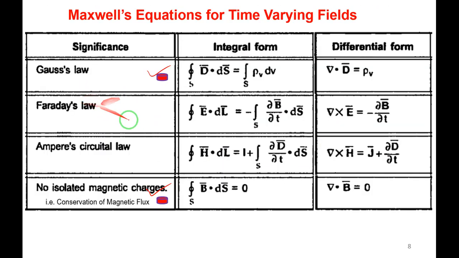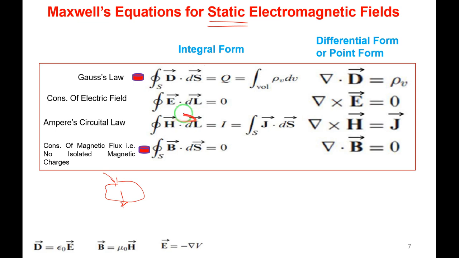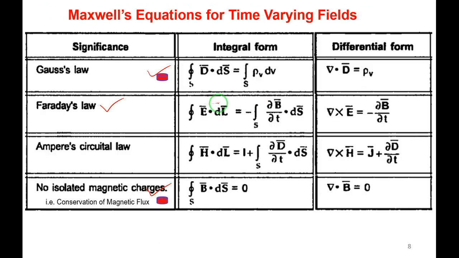Here, for the static case, we have the conservation of electric field, and here we call it Faraday's law. You can observe that for static fields the closed line integral of E dot dl equals 0. Here the closed line integral of E dot dl is equal to minus the surface integral of the rate of change of magnetic field over the given surface. So here we concentrate on the time varying nature of the fields. The rate of change of magnetic field will produce the electric field, so this equation is justifiable.